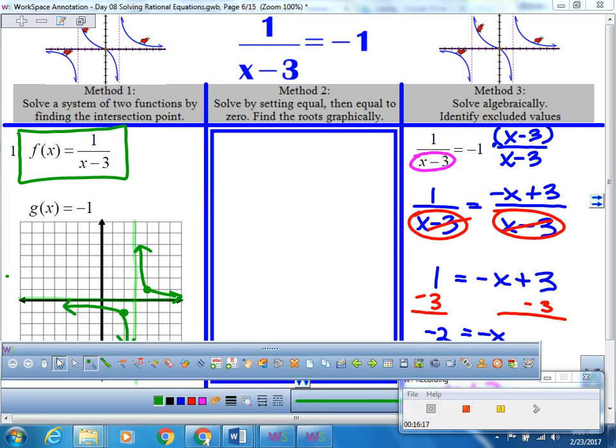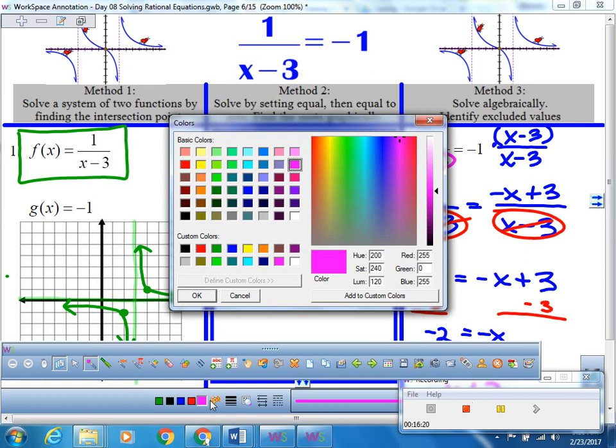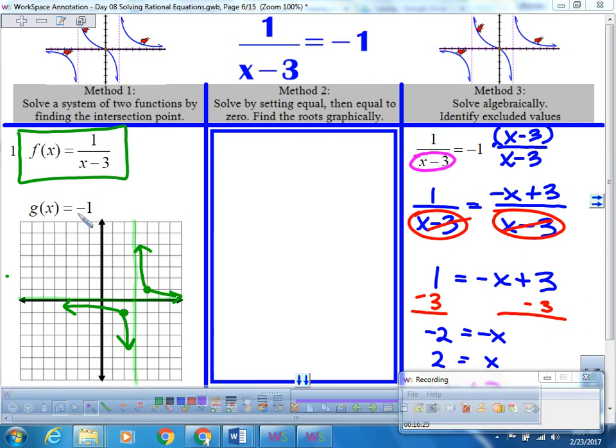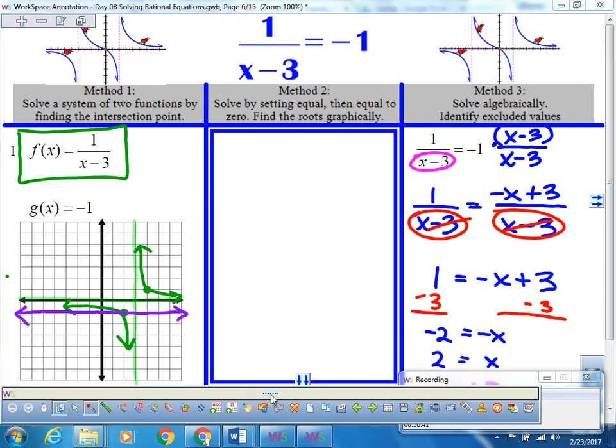My other function, what color do we want to make it? How about purple? All right, so my other function is g of x equals -1. So -1 is right here. So where do my two functions intersect? Where do they intersect? Right here, right? And what is x?